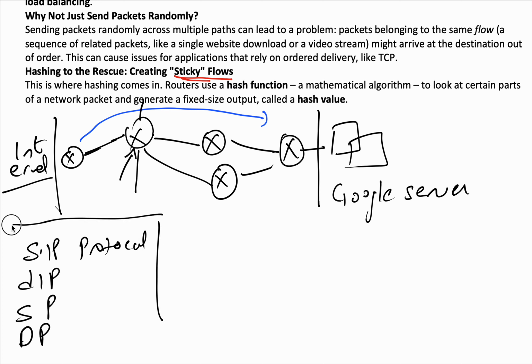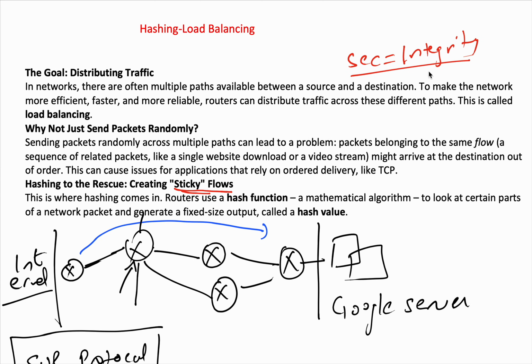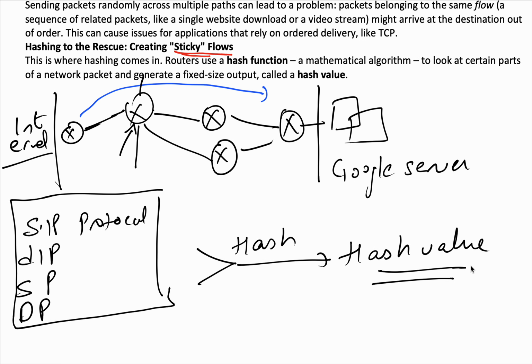These are the 5 tuples that it uses. With these, it will create a hash function, and now it has a hash value. Like I told you, it is not like security. It does not create a hash to generate a digital signature or a fingerprint. It just stores the hash value to make sure that it has the right path.